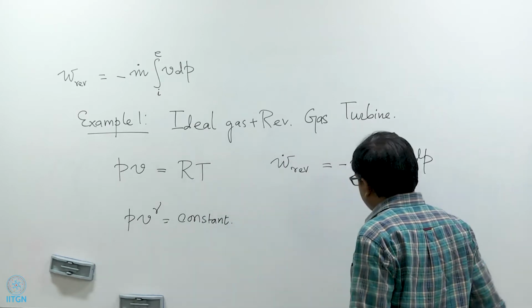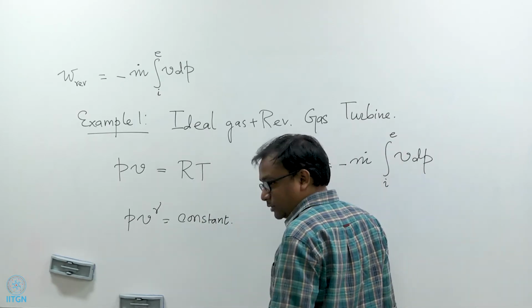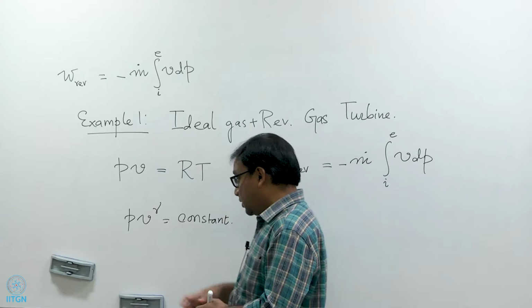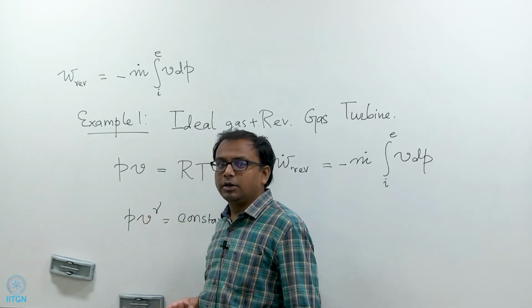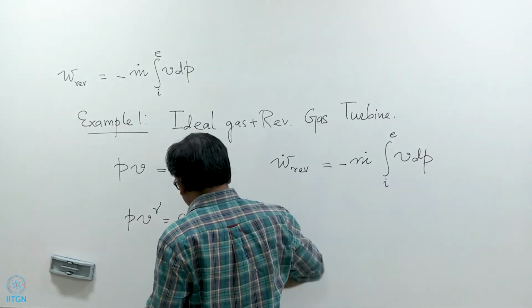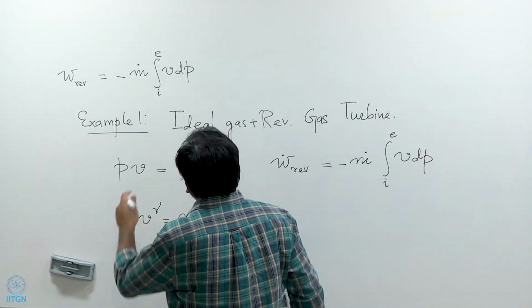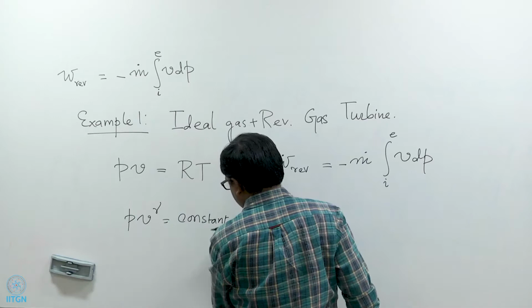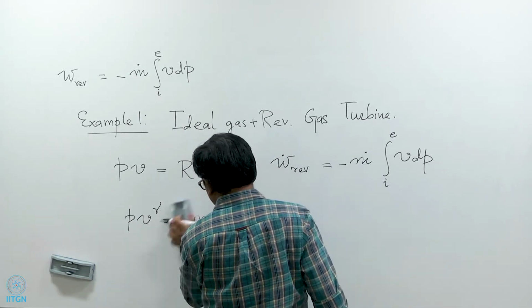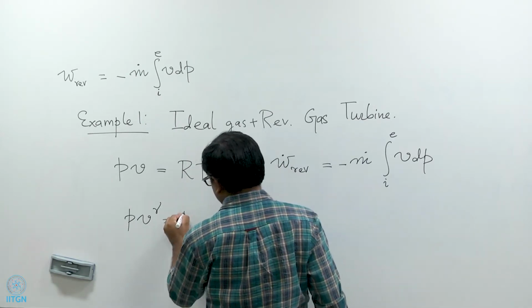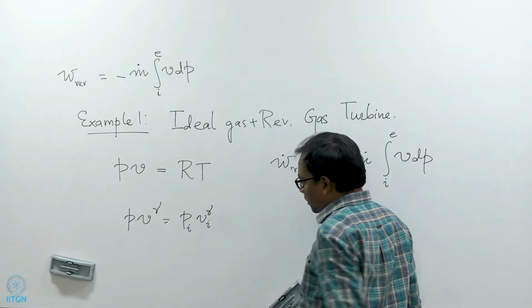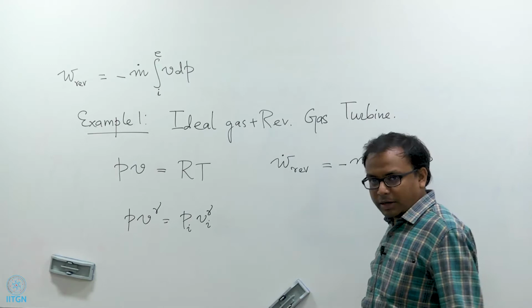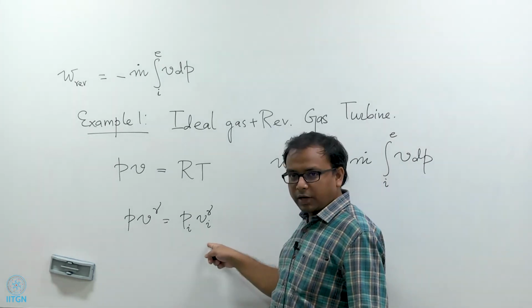Again, one of the important assumptions was that Cp and Cv have to remain constant. What is this constant equal to? Well, we know the inlet conditions. At the inlet the pressure is Pi and the volume is Vi. So, PV to the power gamma throughout the turbine must be equal to Pi Vi to the power gamma.